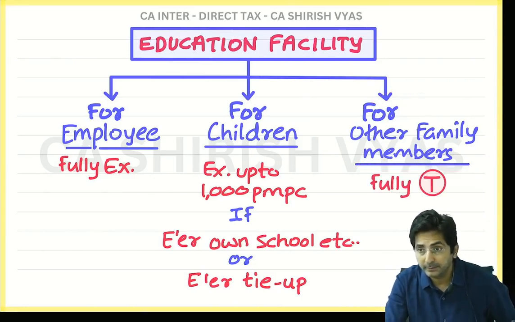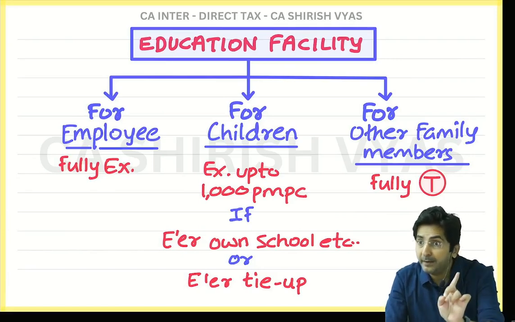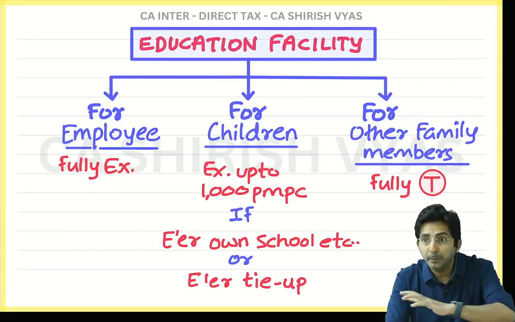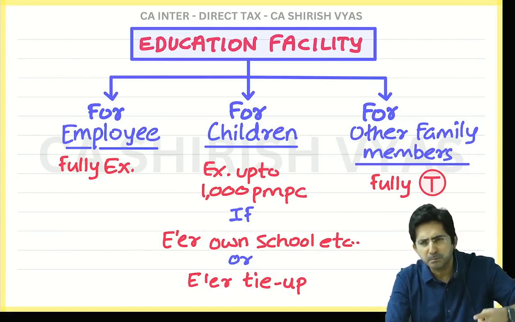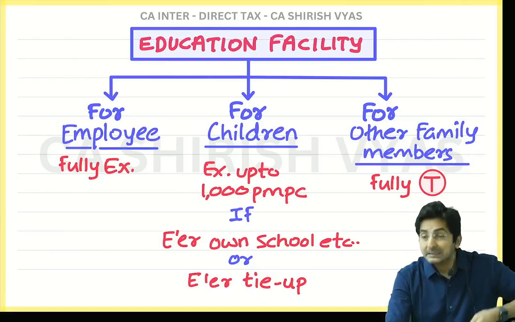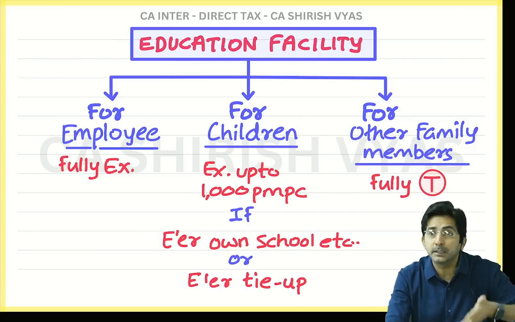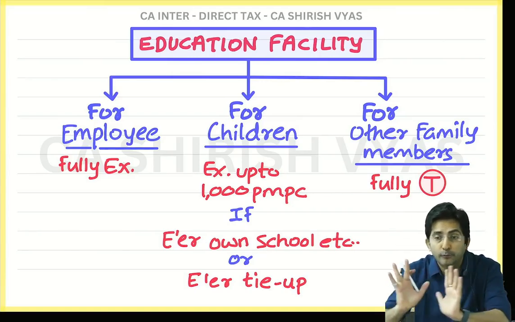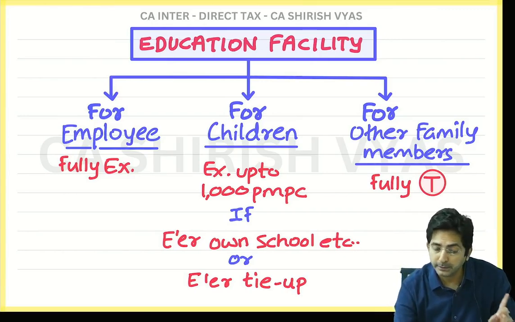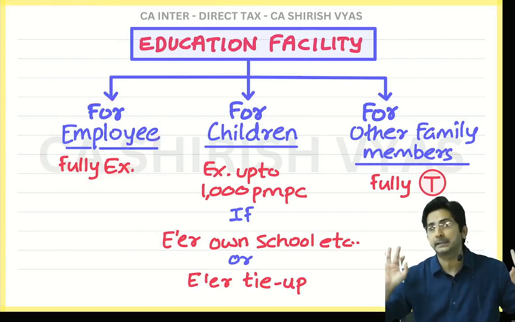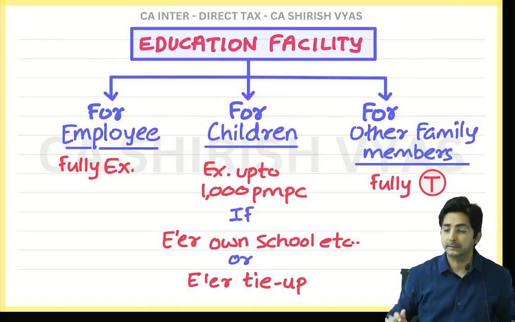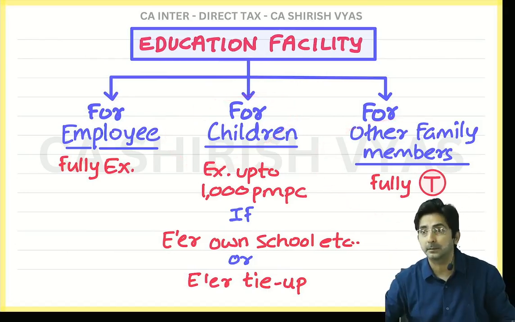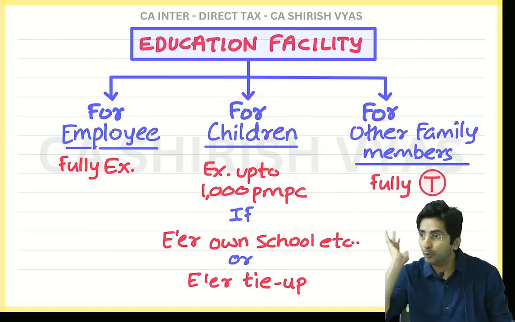Are you noticing? In medical, there were so many people who were exempt: employees, spouse, children, dependent, parents, brother, sister, even for leave travel. But in education, there is a lot of restriction. Education, if employee, then only exempt. Children, then only exempt. Other family members taxable. Are you able to compare or not?